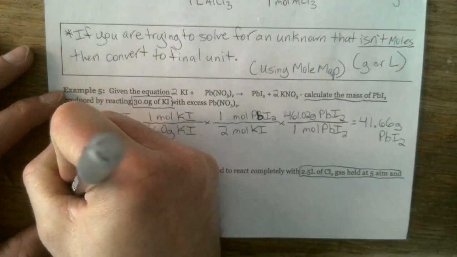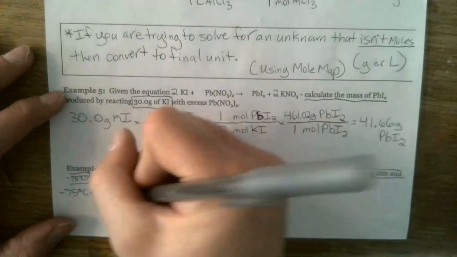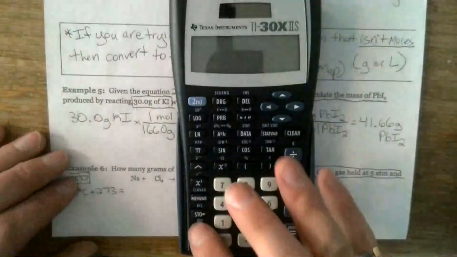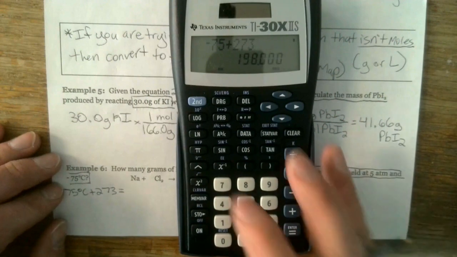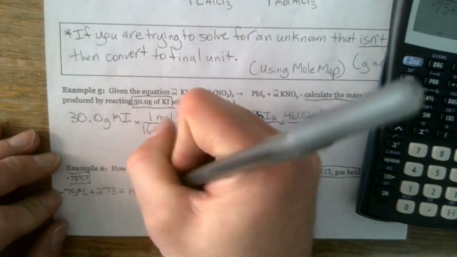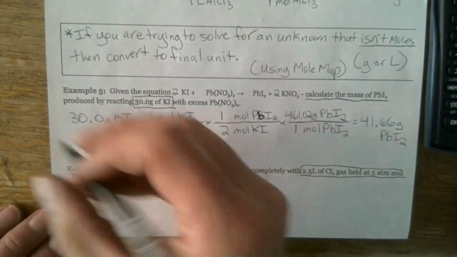So negative 75 degrees Celsius plus 273 for Kelvin. Negative 75 plus 273 gives us 198 Kelvin. So that is our temperature.